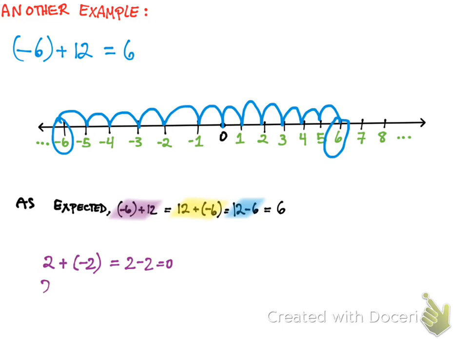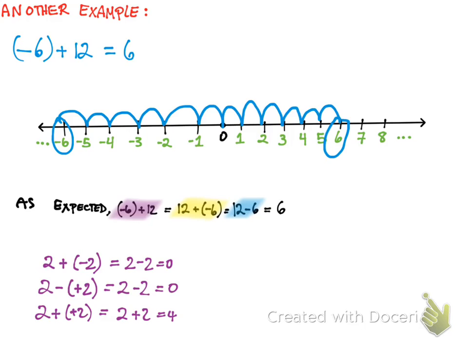If I do 2 minus, and then I write positive 2, it's the same thing. Really, I'm just saying 2 minus 2. That's also 0. So a negative next to a plus gives a negative. If I add 2 plus a positive 2, 2 positives make a positive. 2 plus 2 is 4.